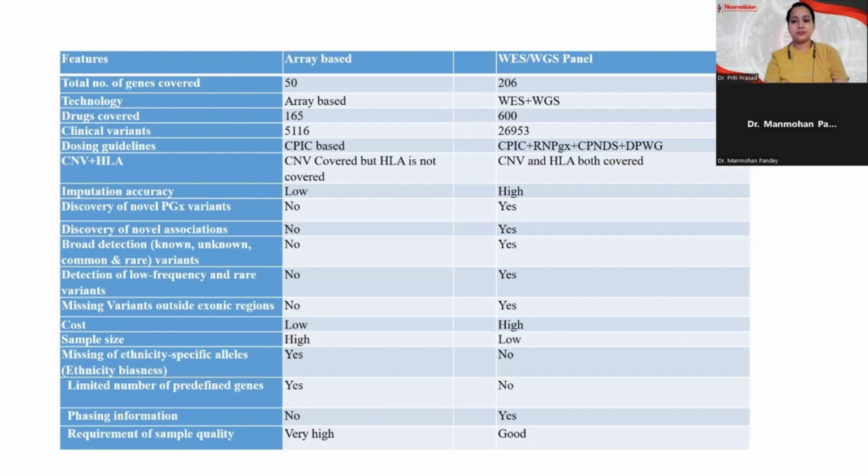But this is a blueprint of your whole genome, the blueprint of an individual. This is not going to change for the whole of your life. Whatever drugs are prescribed to you and whatever variation is there in your genome, based on that you can have a blueprint of what drug you have to use in the future. Next please.